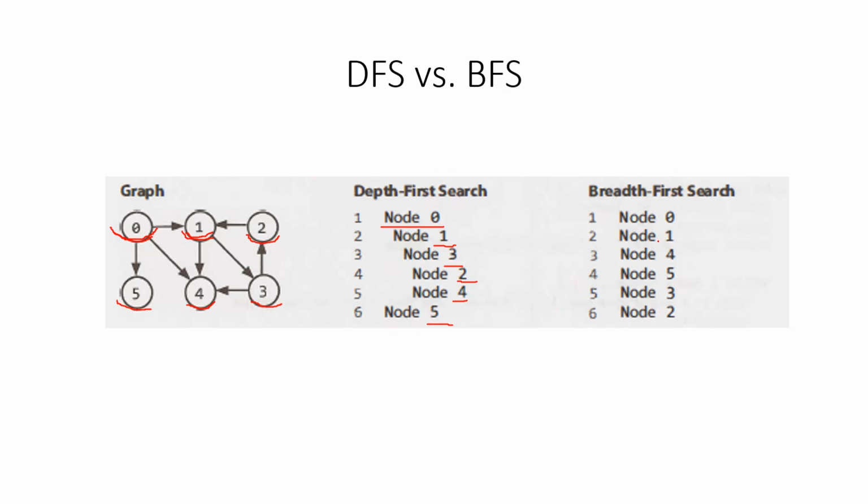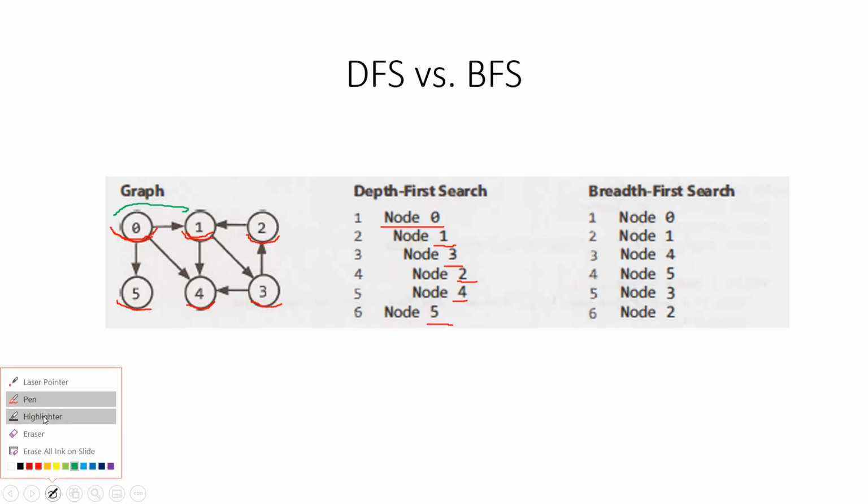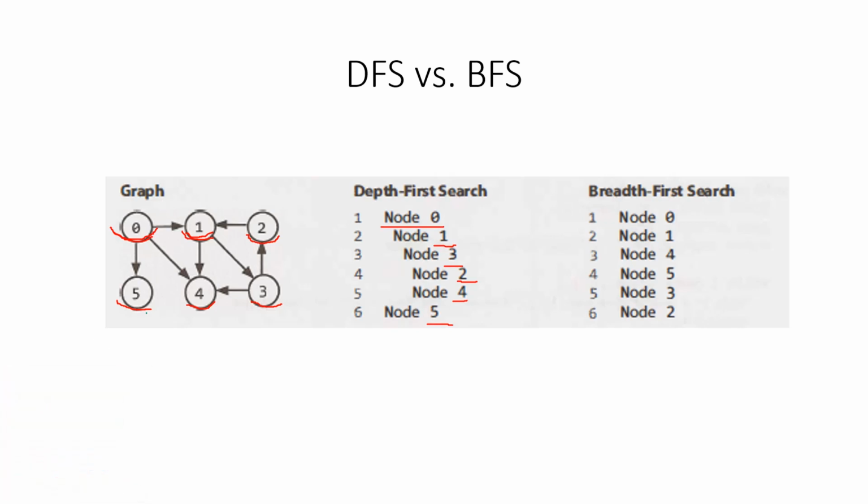Then if we use BFS, the plan would be, let me take another color, let's say green. So green is the BFS. We start from 0, then we discover all adjacent elements at once.